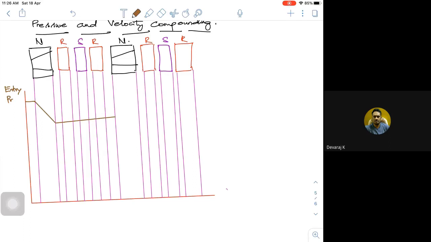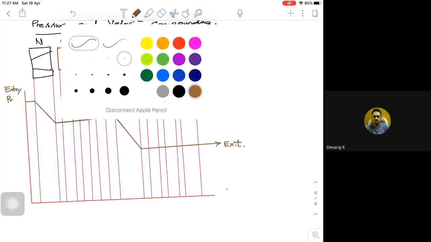Then it drops further. Then it remains the same till the exit. So this is what happens in case of pressure component. We have seen the same thing here, but it's happening in two stages. Now, coming to the velocity. So, what happened to your velocity?